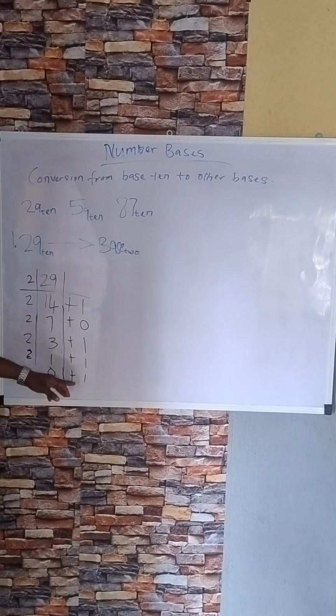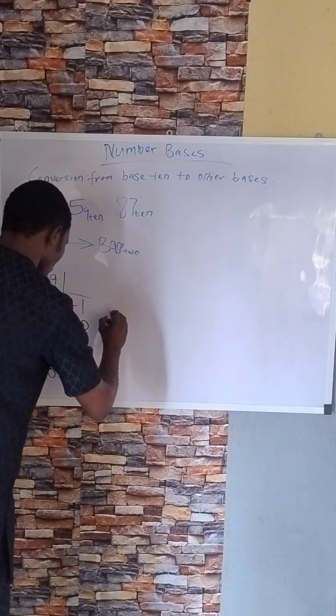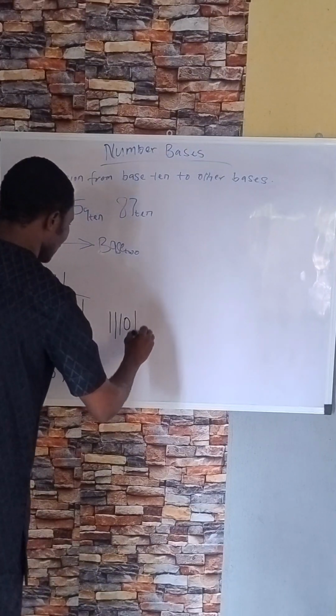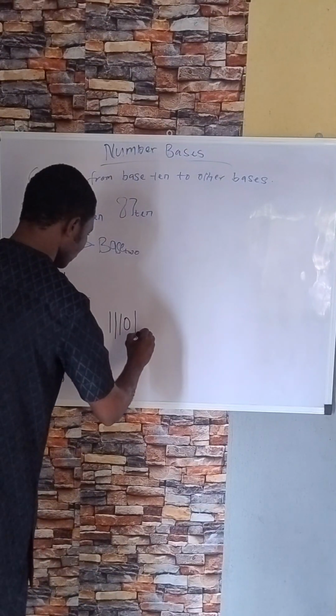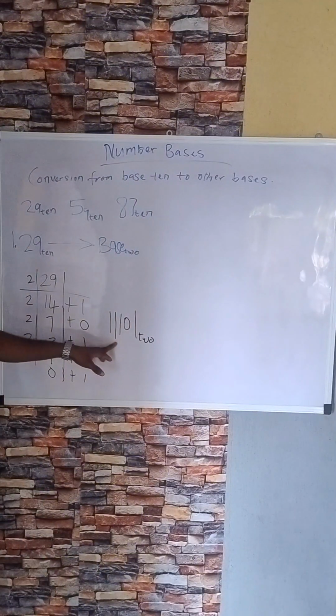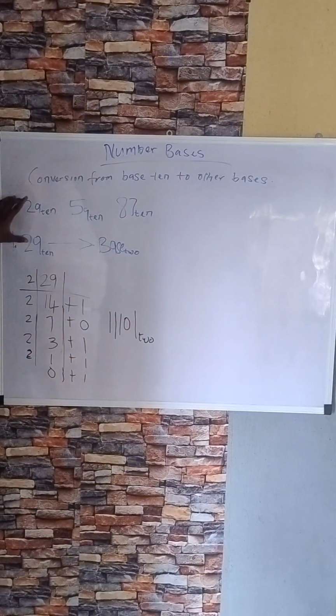So writing our answer from the bottom to the top will give us 1, 1, 1, 0, 1. And this will be base 2. This is our final answer for this 29.